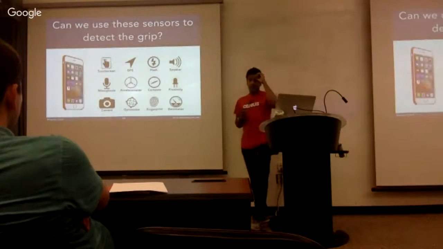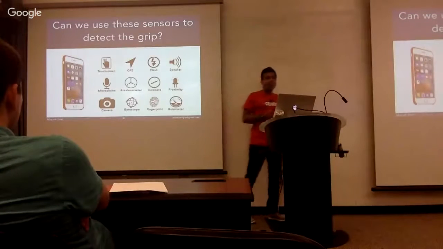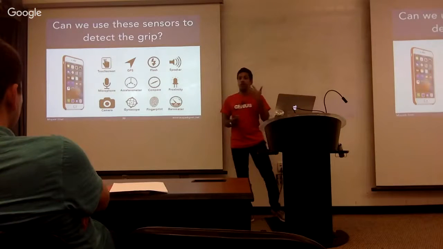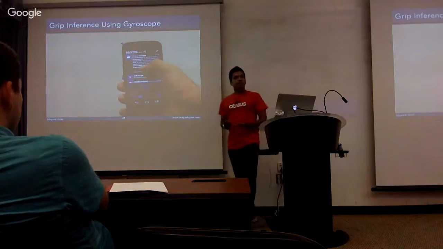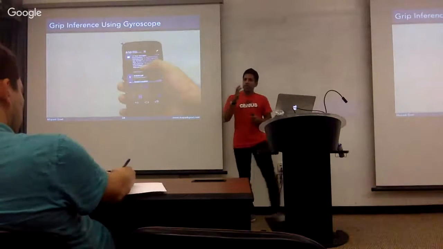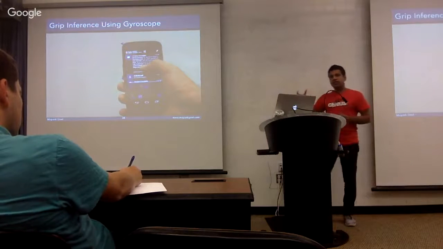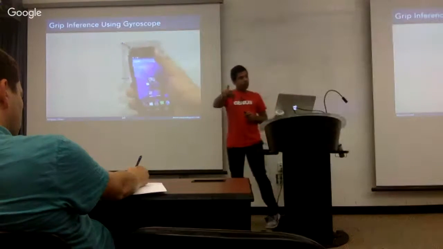So considering there is enough difference in our typing behavior, how do we actually detect the drift? In the past, researchers have added touch sensors to the side of the phone to detect how the phone is being held. But again, I wanted to see how far we can go using the sensors that are already there. And it turns out that the gyroscope is actually pretty good at this. Because the thumb has limited reach, when you are trying to reach a part of the screen which is far away, your fingers compensate for it and bring the phone closer to the thumb.